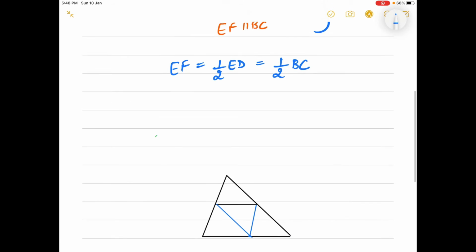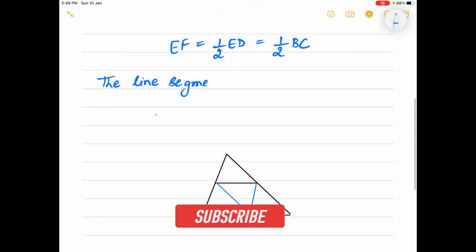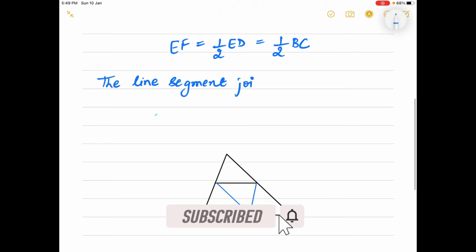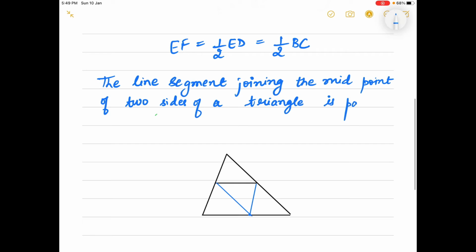Midpoint theorem is the line segment joining the midpoint of two sides of a triangle is parallel to the third side.